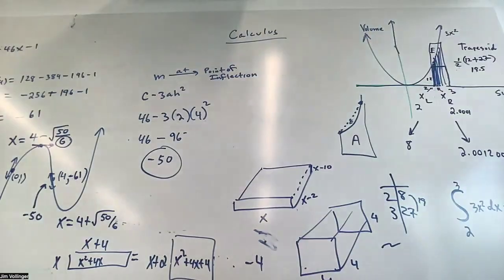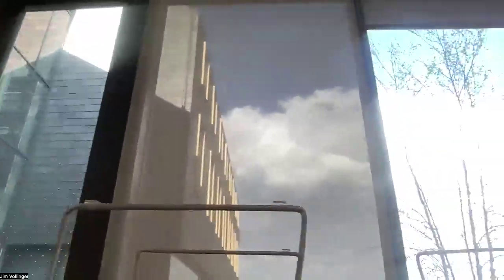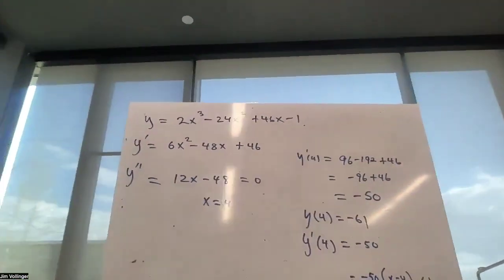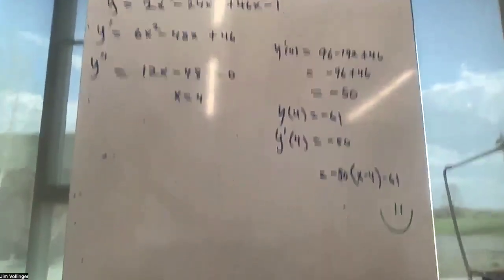Okay, so let's go do this whole problem now with calculus. All right, so if I missed anything over here, I don't think so, but we can find the maxes and mins and all that stuff. And let's hope it matches up. I did a little work over here. I haven't done it all, but we start with the original equation and we take the derivative.